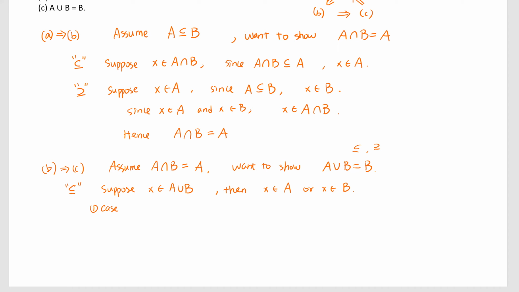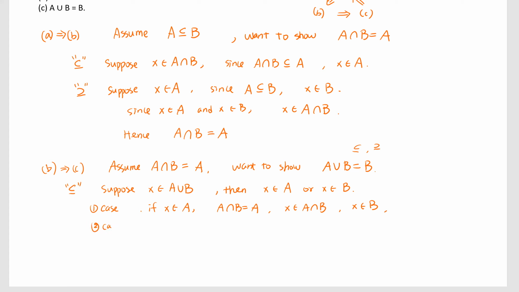Because A intersect B is A, X is in A intersect B. That means X is in B, right? X in the intersection means X is in A and in B.